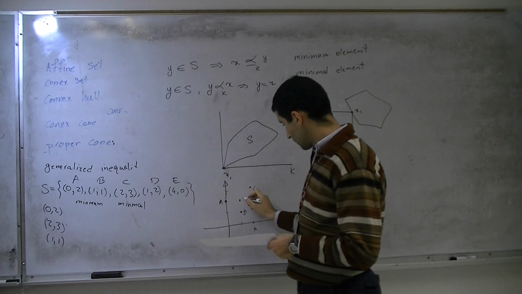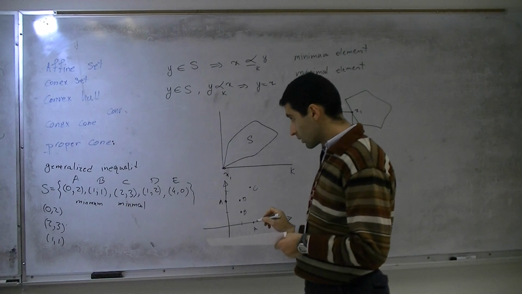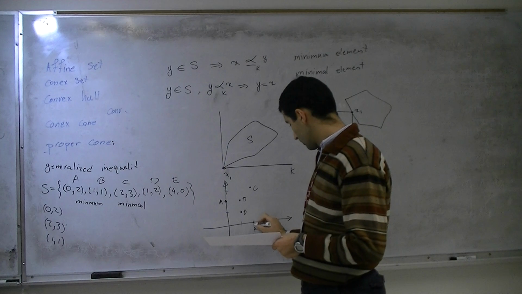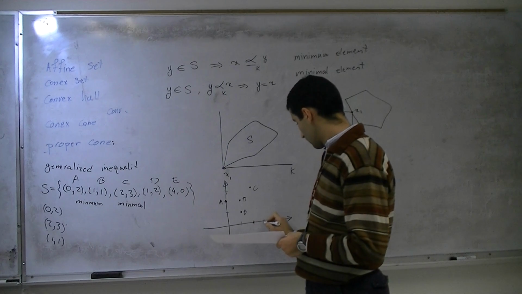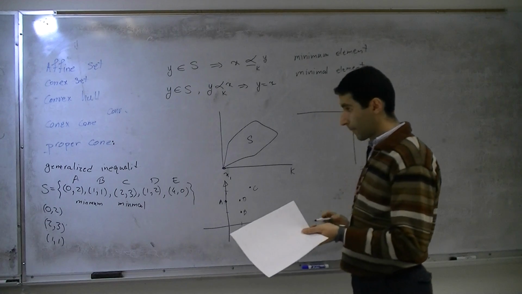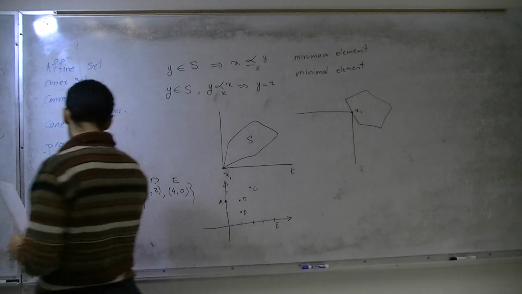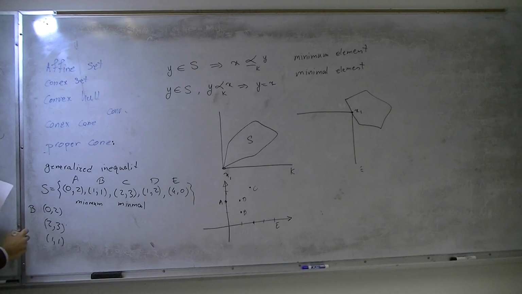And 4 and 0. So B is 1 and 1, this one is B. 2 and 3 is C, and 0 and 2 is A. This one is B.